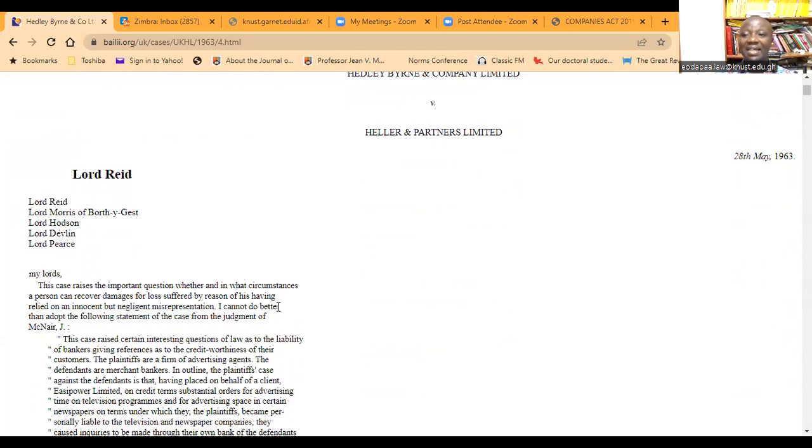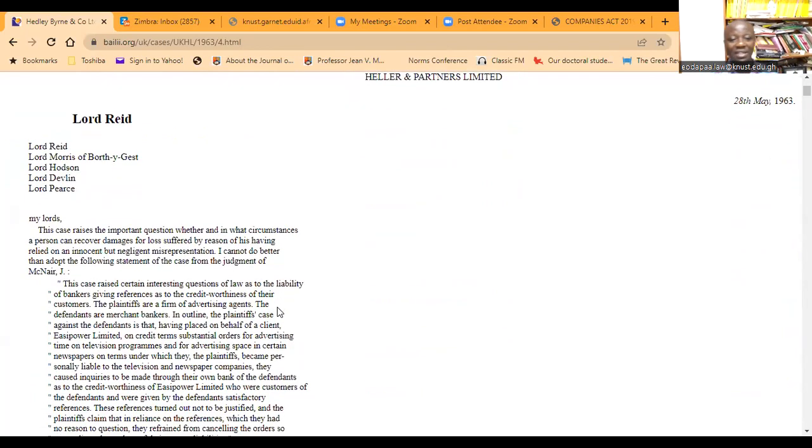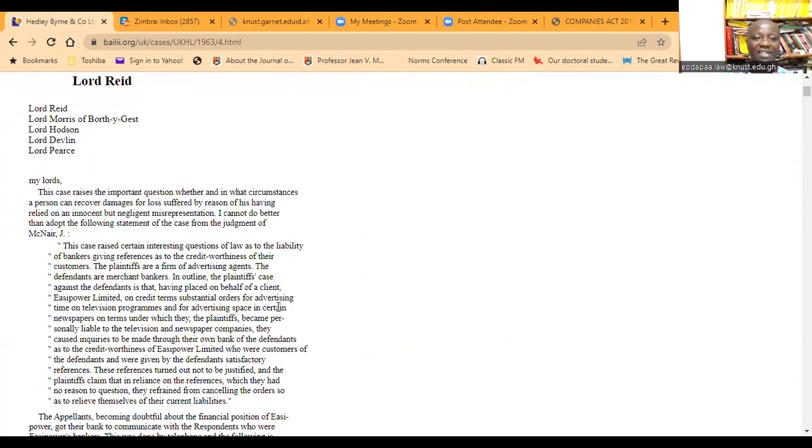Now, in that case, this is what happened, and I will just take aspects of the facts from the decision of Lord Reid. I'm just reading a portion of the judgment, Lord Reid speaking on behalf of the House of Lords.